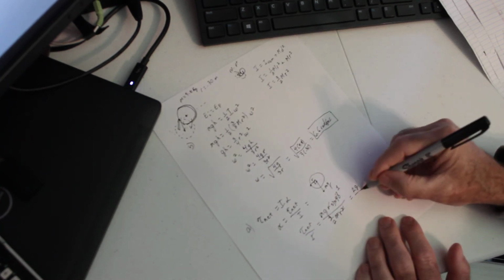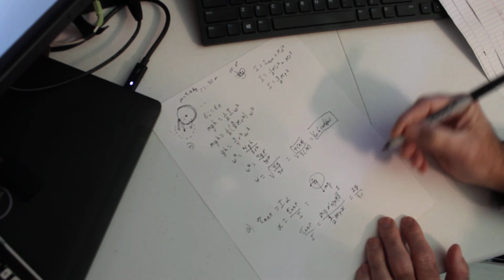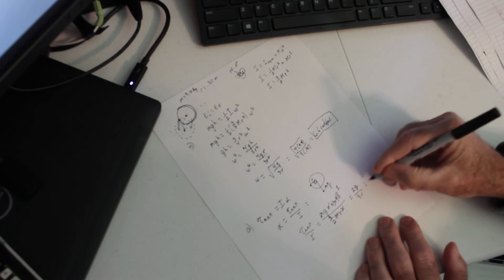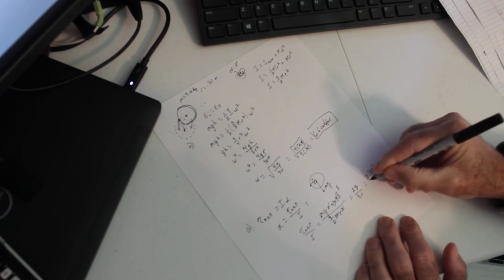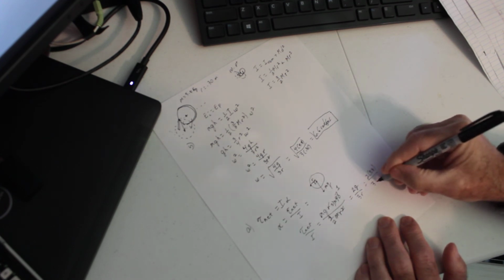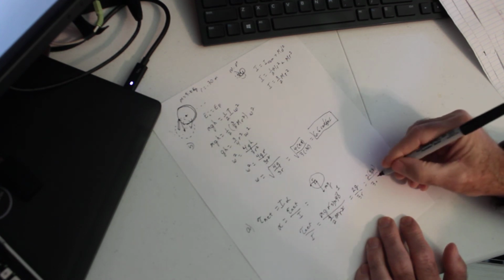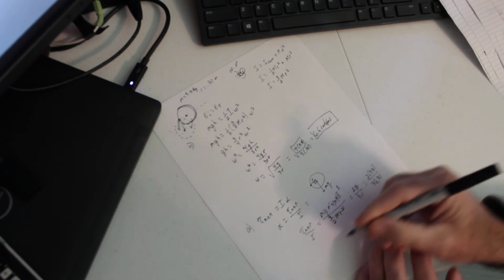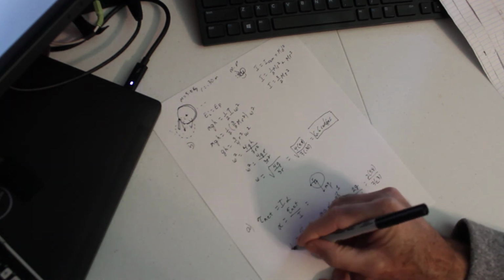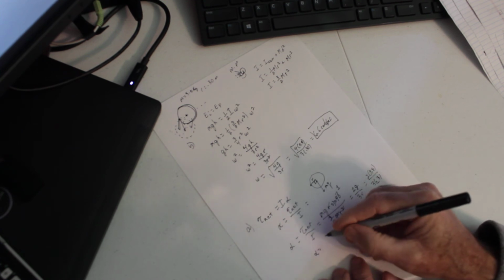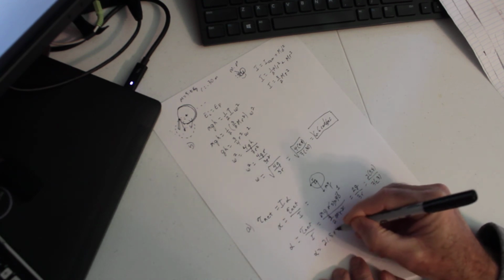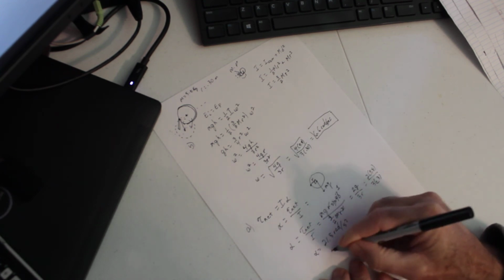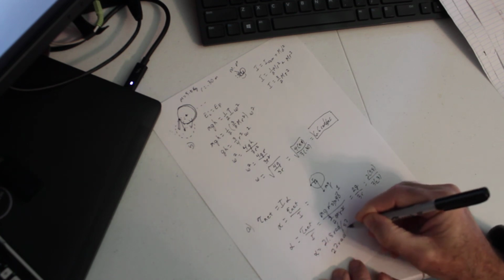So this becomes 2g over 3r. And when you plug that in, you get 2 times 9.8 over 3 times 0.3, and that is all equal to alpha. Alpha is equal to 21.8 radians per second squared, or 22 radians per second squared.